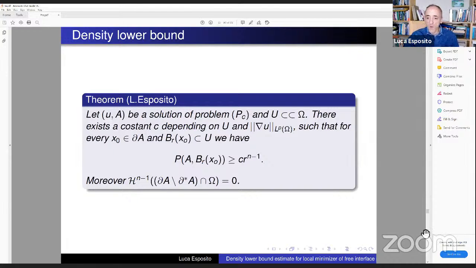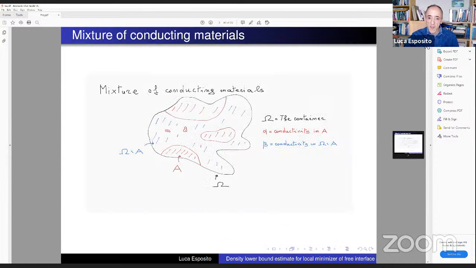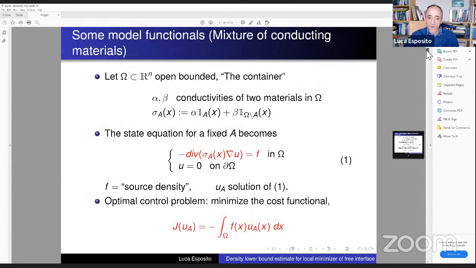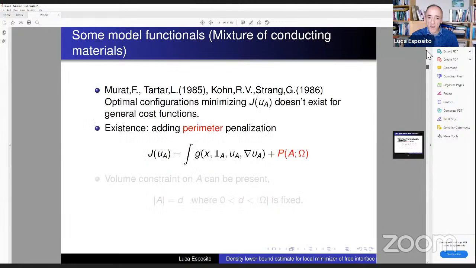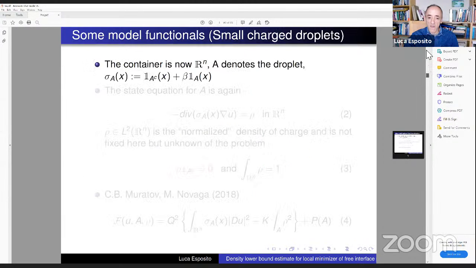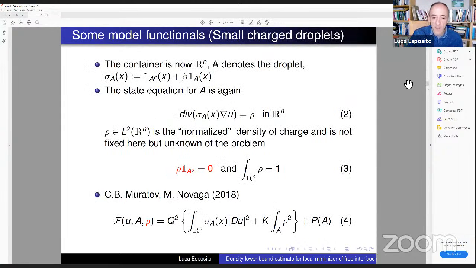And indeed also for the Muratov and Novaga functional, when, as I told you, the shape is exactly spherical, in that case you have to prove in some way that the set that minimizes this functional is exactly the set for which the isoperimetric inequality is an equality.